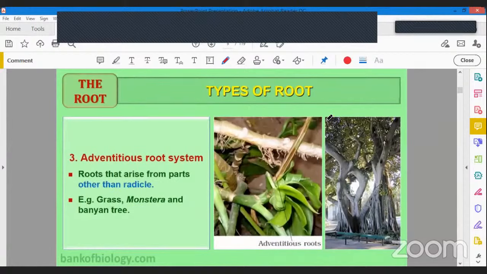Adventitious roots can be seen both in monocots and dicots, but they arise from plant parts other than the radicle. For example, roots from the stem, as in the banyan. Those are called adventitious roots. Take down the examples: grass, monstera.